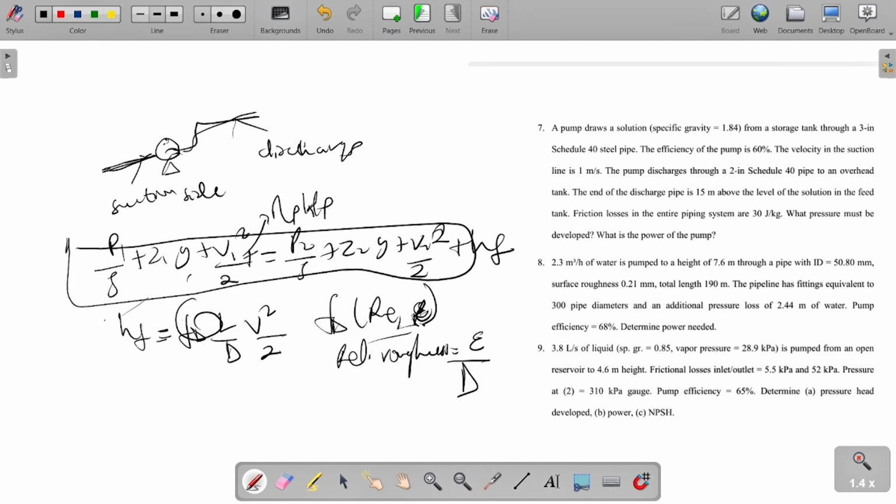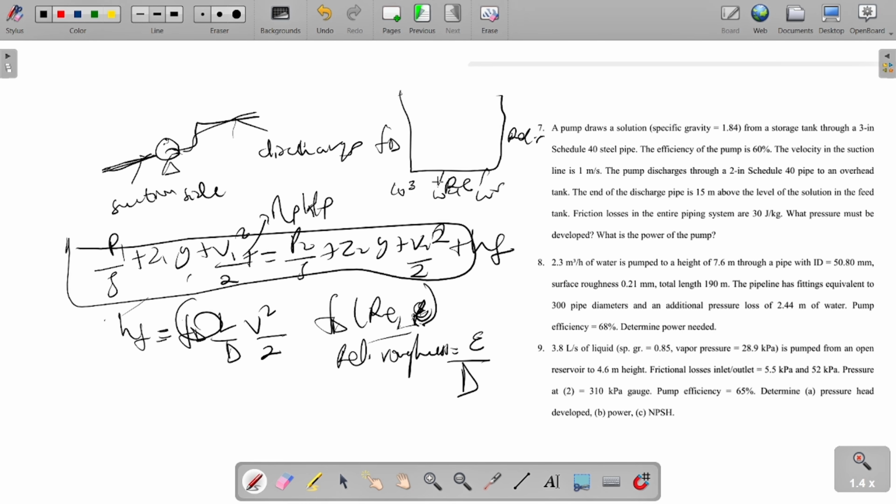The absolute roughness will be given to you in the question. Then using the absolute roughness and the diameter, you can get the relative roughness. And from your Moody charts, you'll be seeing something like this, where we have the friction factor, which is the FD, the relative roughness here, and the Reynolds number here, so let's say 10 to the power 3, 10 to the power 4, 10 to the power 5.